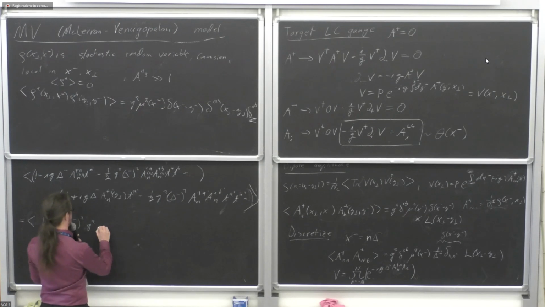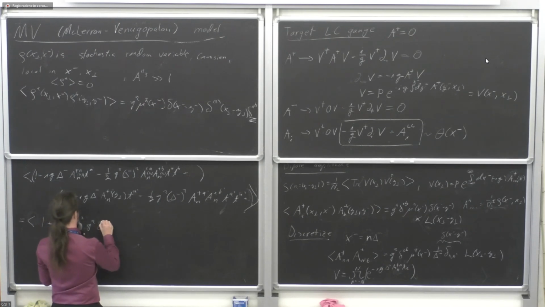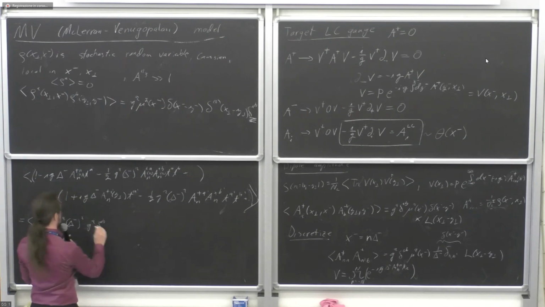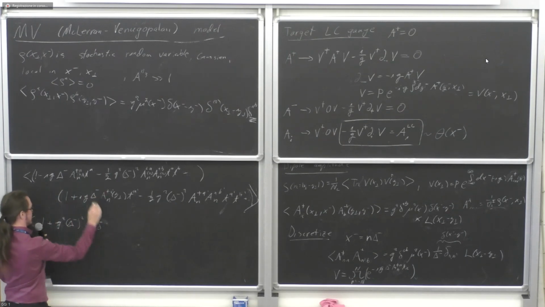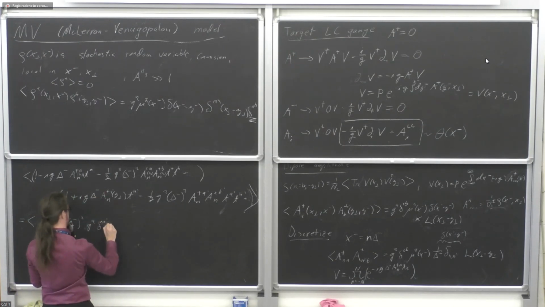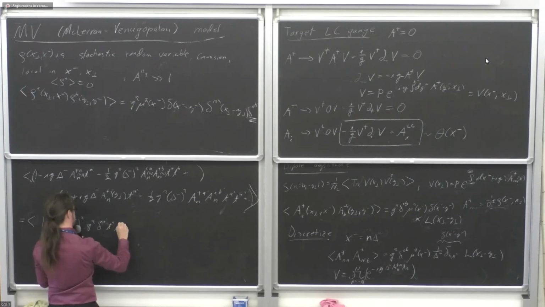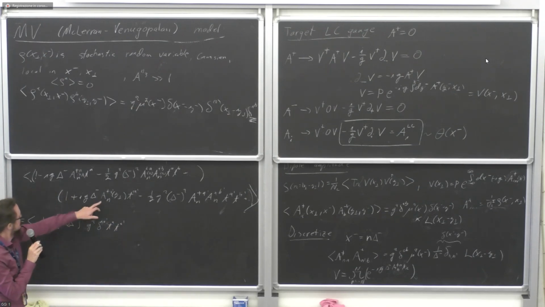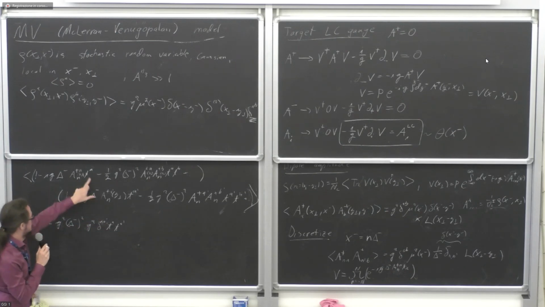Then I have a delta AB. This is A prime and A, so I have a delta A A prime from the expectation value, and these T^A and T^A prime are from here.